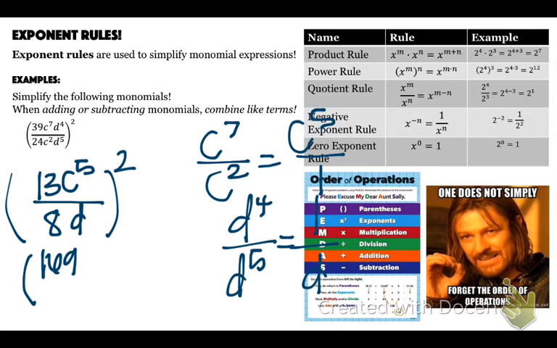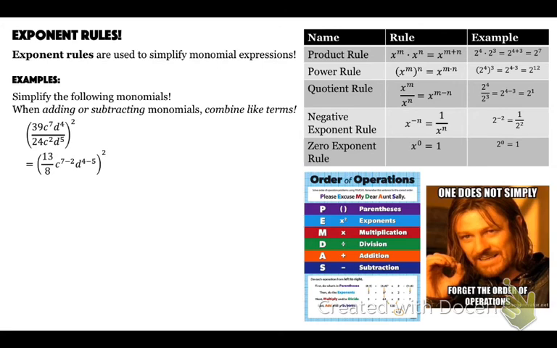C to the 5th 2 times, well that's going to be C to the 10th. 8 squared is 64, and then D squared would just be D squared. Pretty simple. Let's see. So square it, and 169C to the 10th over 64D squared.